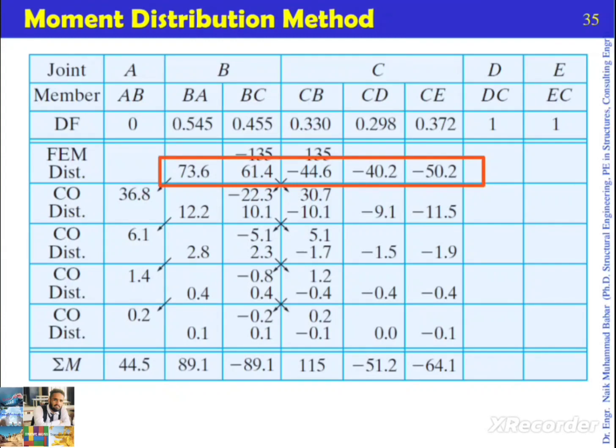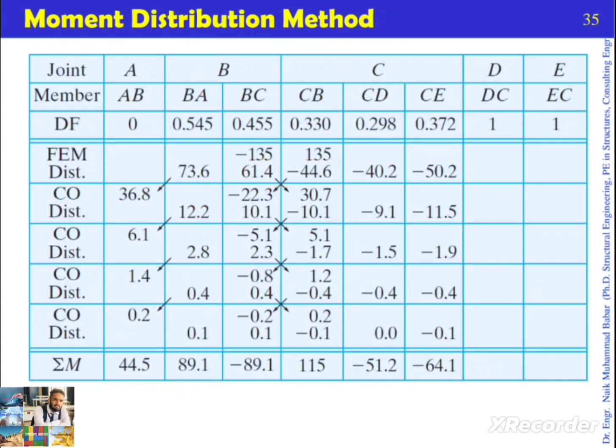From each joint, half of the moment will be transferred to the other end of the member. Since the carryover factor is half, half of the moment at joint B will transfer to joint A. So 73.6 multiplied by 1 by 2, we get 36.8. This is the carryover moment.